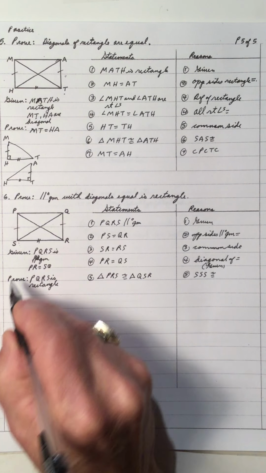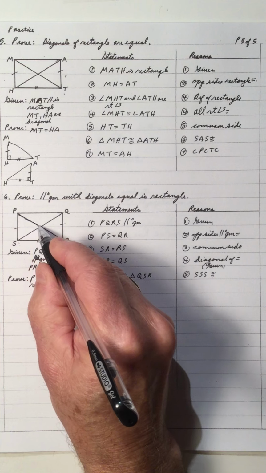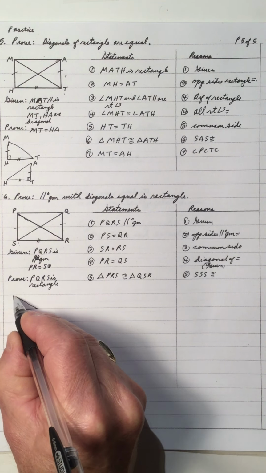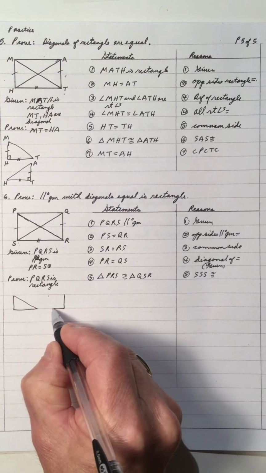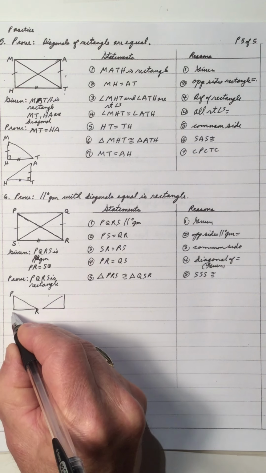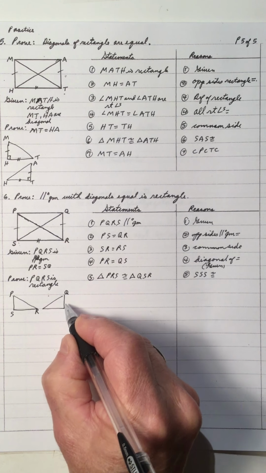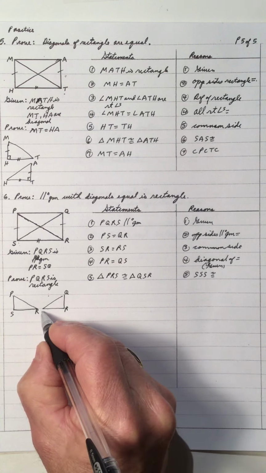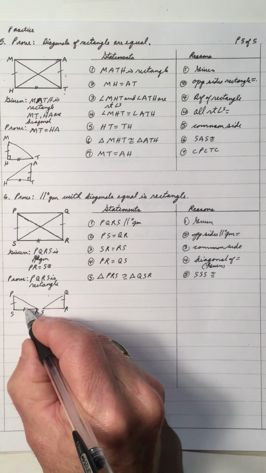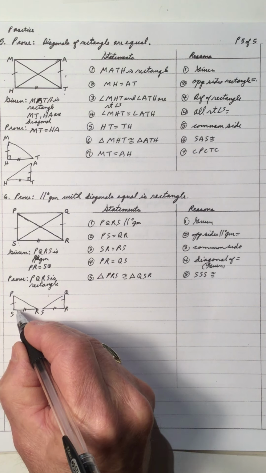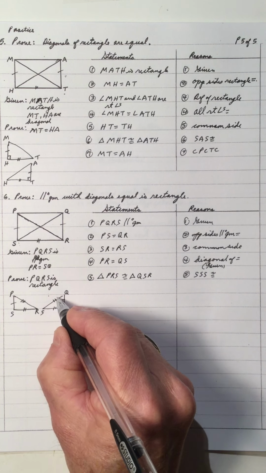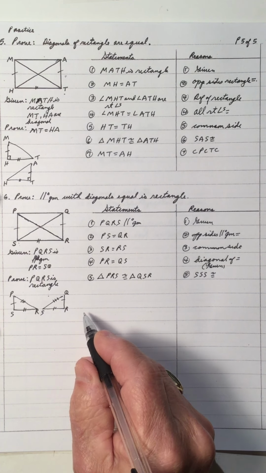This is a common side, and we got this side, and that's done. Again, if you drew the two triangles separately like this, so this is PRS, and this is QRS. So we have these equal, we have this is common, and we have this diagonal is equal to that one. So SSS.